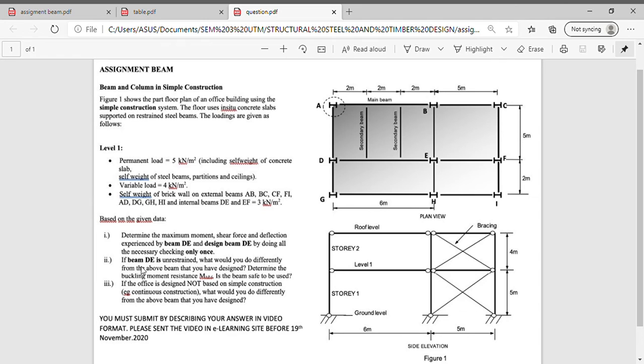For the third question, if the office is designed not based on simple construction, what would I do differently from the beam that I have designed?